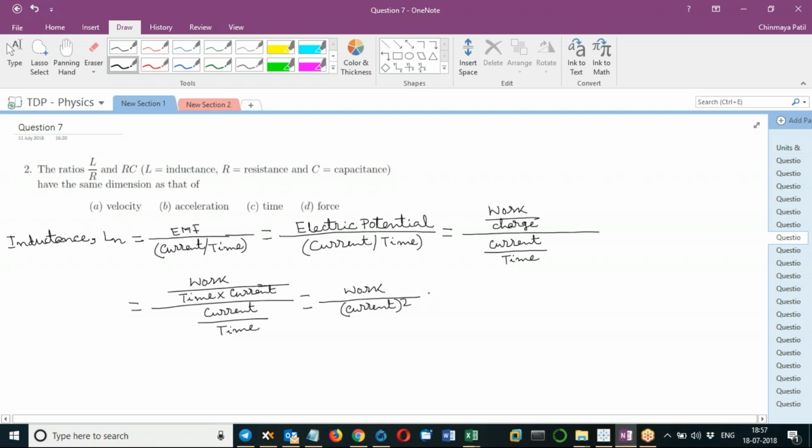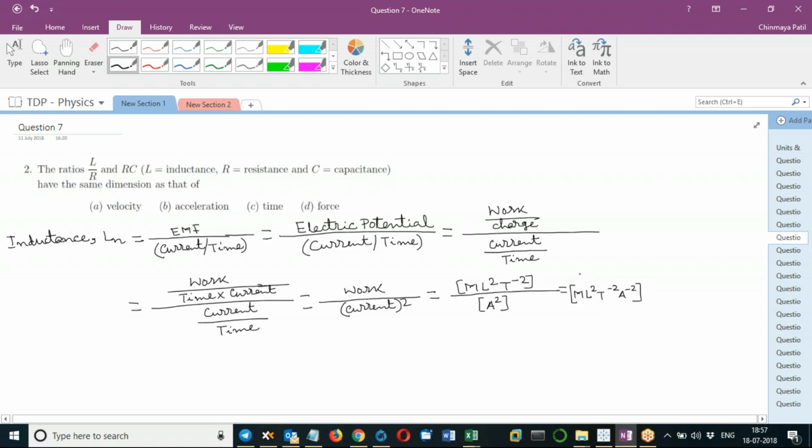Now we know the dimension of work: M L square T power minus 2, divided by current square, that means A square. So we get M L square T to the power minus 2 A to the power minus 2. That is what we get as inductance.